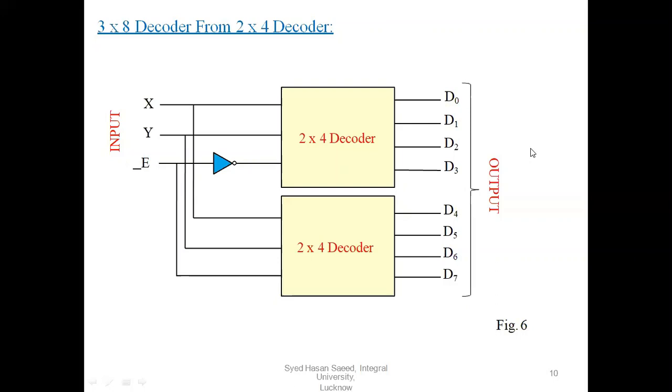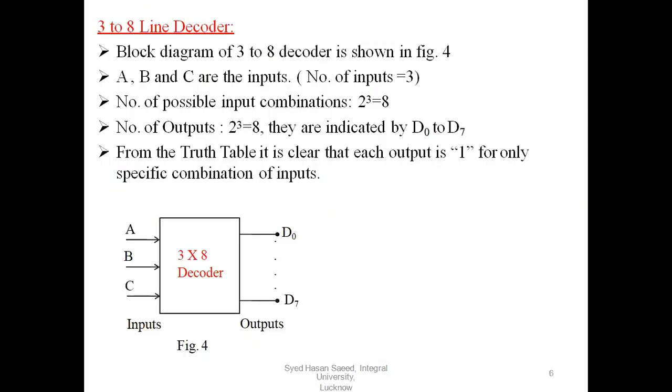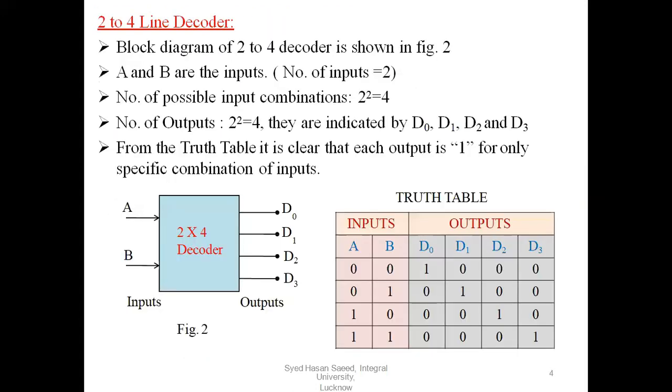In the previous concept we discussed what a decoder is. A decoder is a combinational circuit. You have to pass n number of inputs, and it will produce 2 power n output lines.